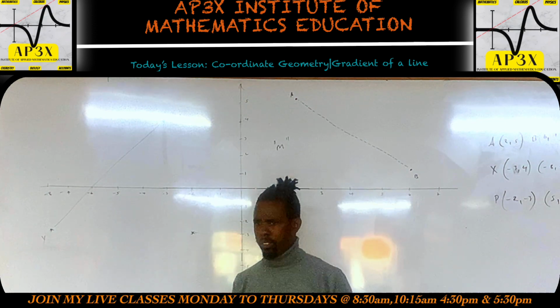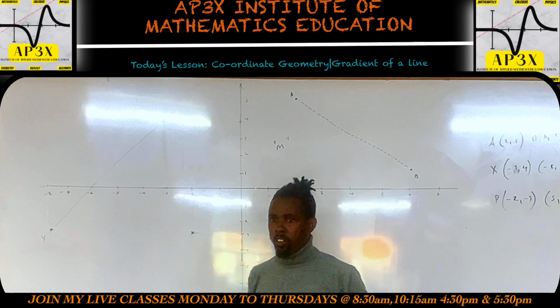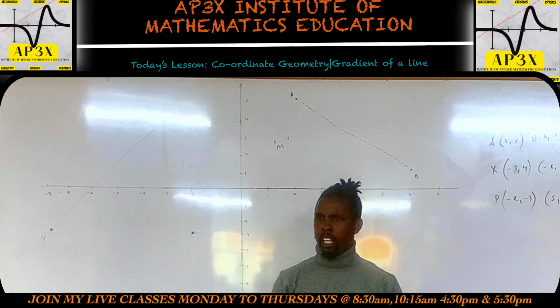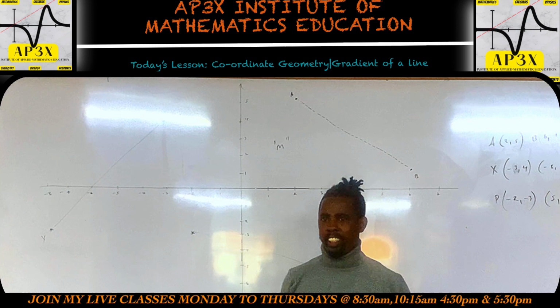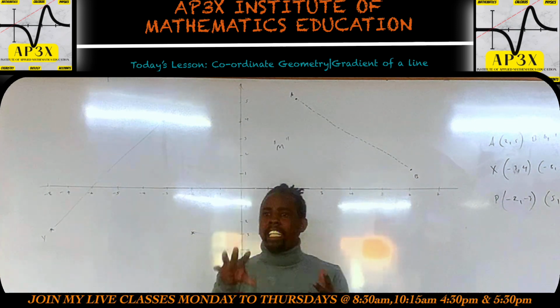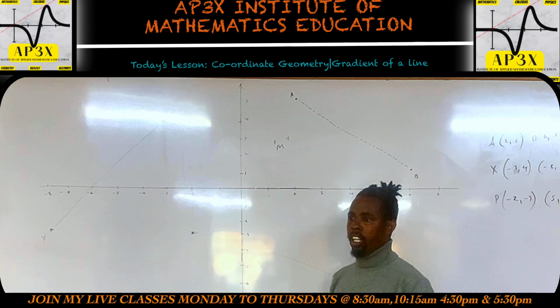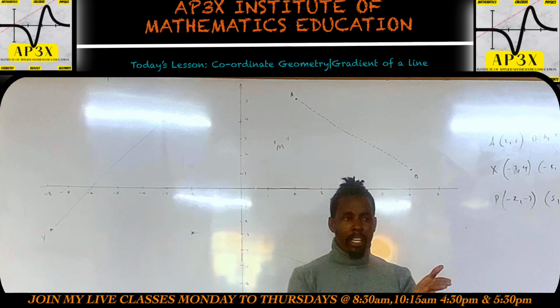That's not what it means. It's not located anywhere on the graph. It's just a number. It's like saying I am 30 years old. You don't see 30 on me anywhere. It's like giving something a value, but you can't locate it anywhere specific. So the gradient is just a value that tells me how steep a line is.